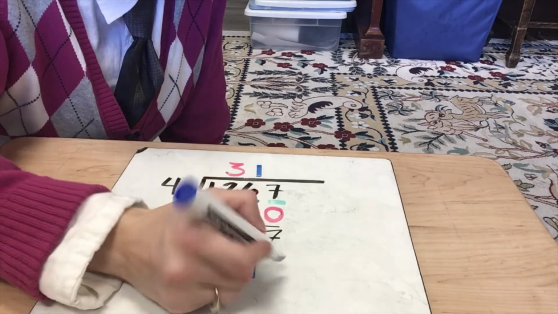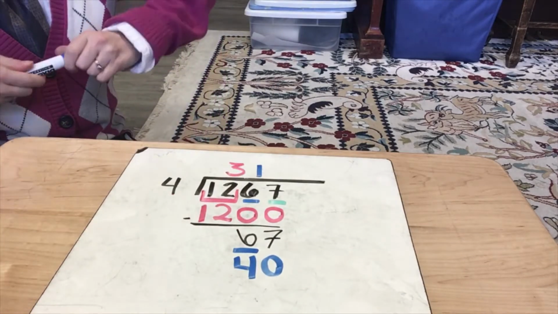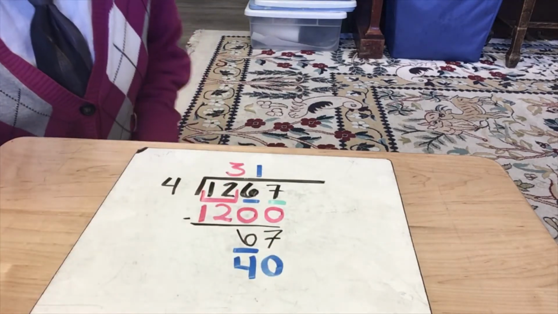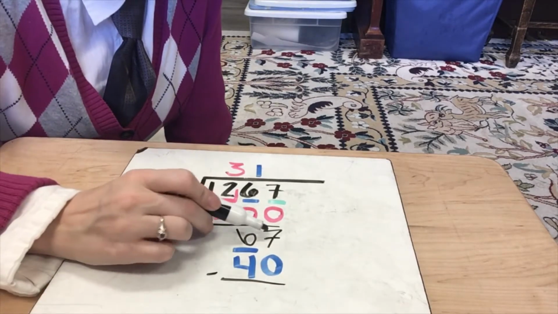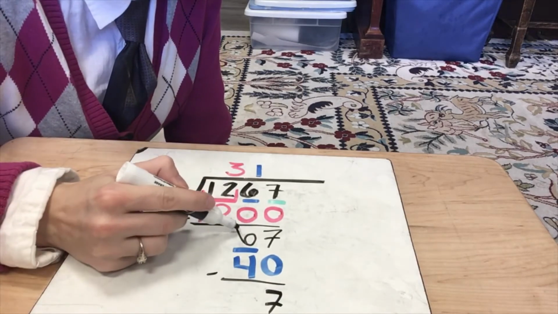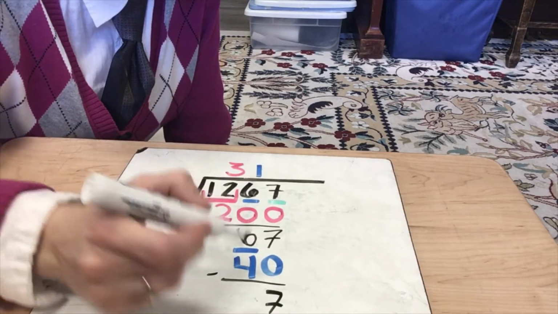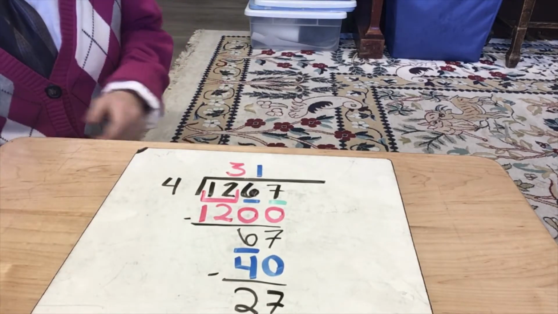I'm in the tens place. So I'm actually using 40 up. Now when I subtract to see what I have left, I will see that I still have not touched that 7. I had 6, I took away 4. That means I have 2 left.